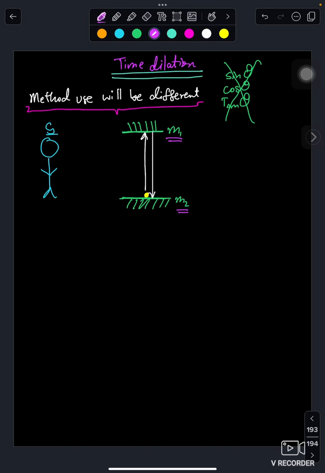The length it covers is 2L, and 2L over C is the same as saying d over V. Here I will not take V, I will say C, because the speed of light is constant. This is the same as saying time. This is how we calculate time, the formula I just made to calculate time for a light clock.